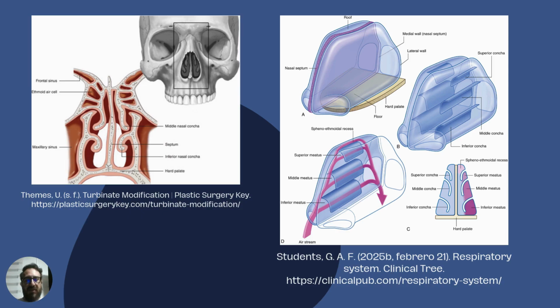There are three main conchae: the superior, the middle, and the inferior nasal. That is, superior, middle, inferior.